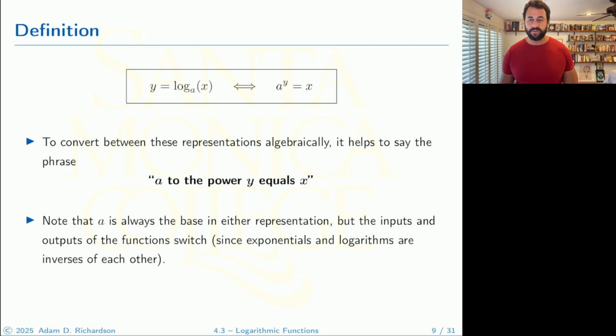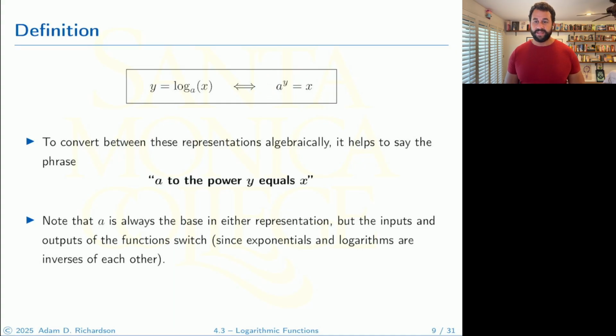Okay, so the reason that we're doing that is we're going to want to convert between these two things. And if I want to convert from the logarithmic form to the exponential form, what I like to do is say a to the y equals x. And that's what you get. So a to the y equals x.